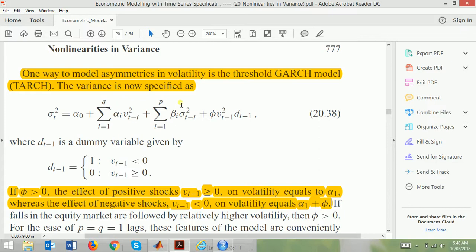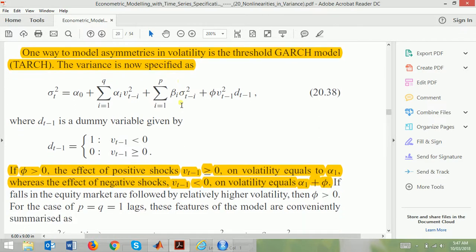The specification has 3 elements. One is phi. Then there is the lagged variance squared, v squared t minus 1, and d t minus 1, which is a dummy variable. The dummy variable captures the effect of negativity and positivity by capturing your lagged variance.